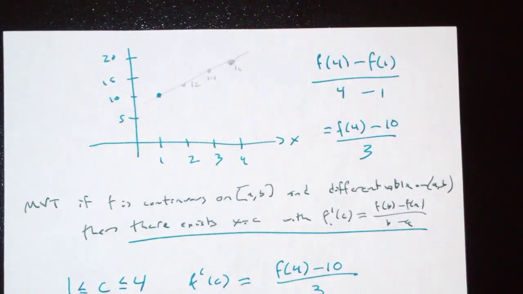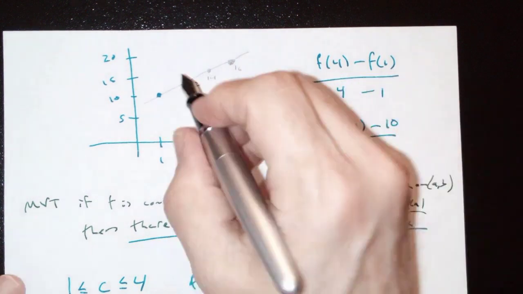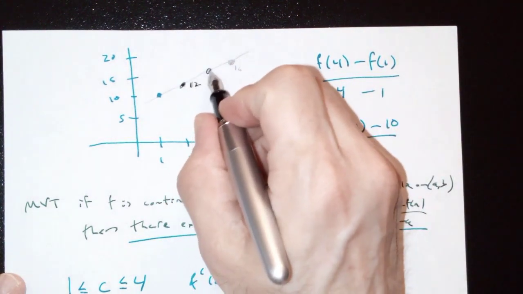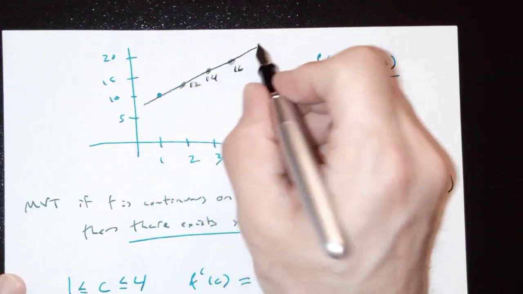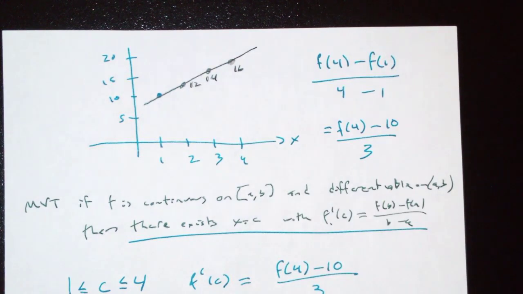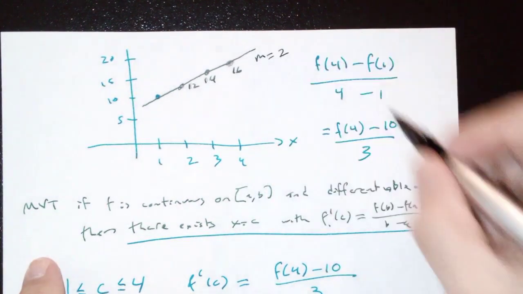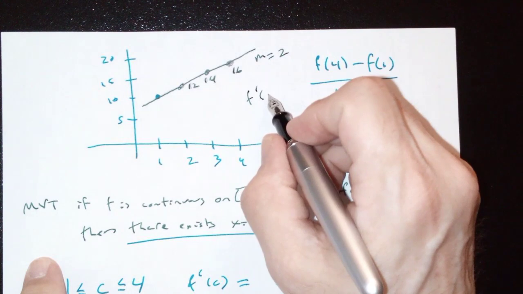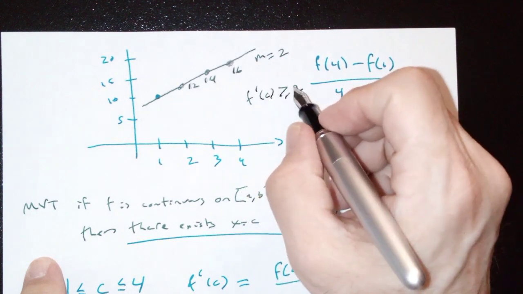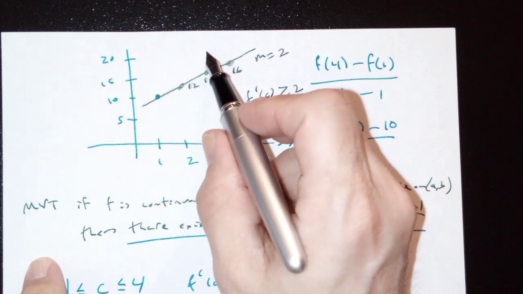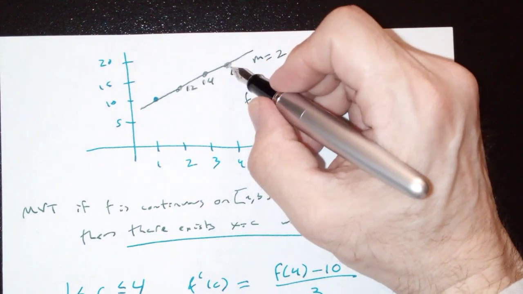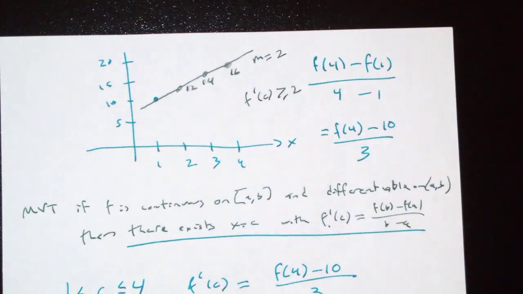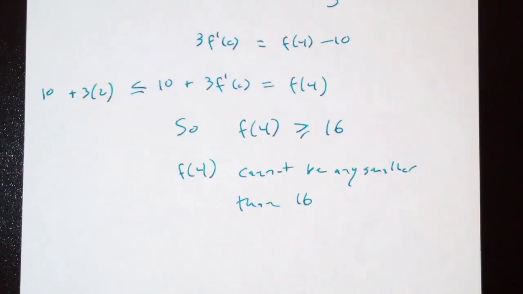I'm sorry, it's kind of hard to read those numbers I wrote on here. Let me write them darker. Yes? But f has to be, this is the line with slope 2, and f prime is bigger than that. The graph has to go up from here, doesn't it? So I don't know where this value is, but I know it can't be any smaller than this. That's my lower bound. You're welcome.